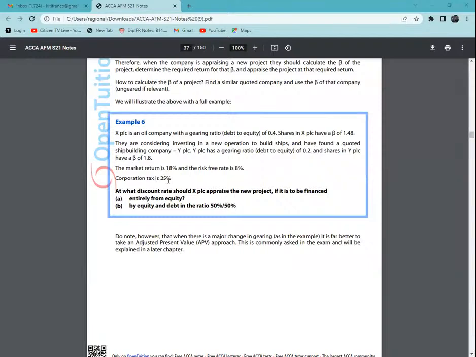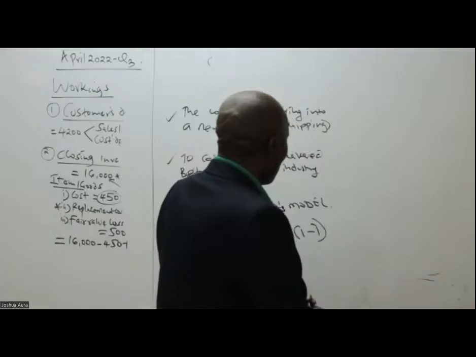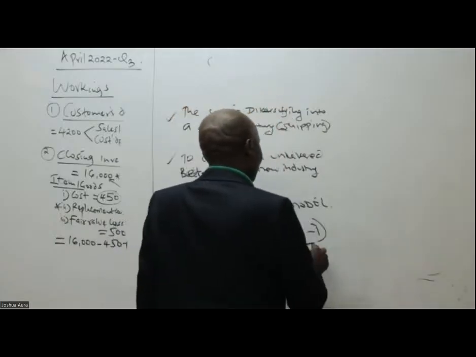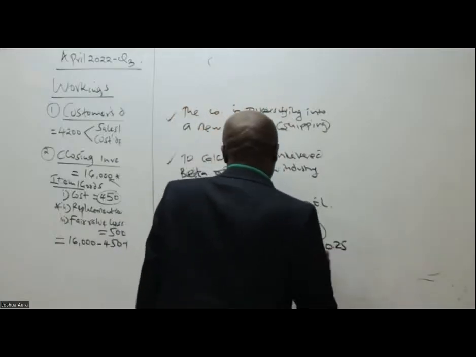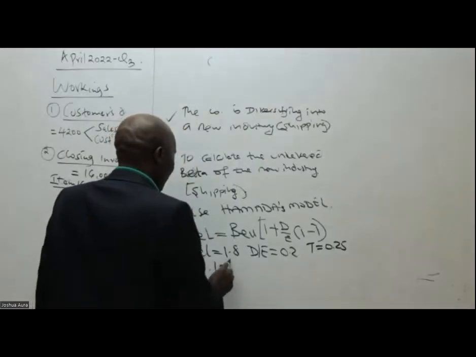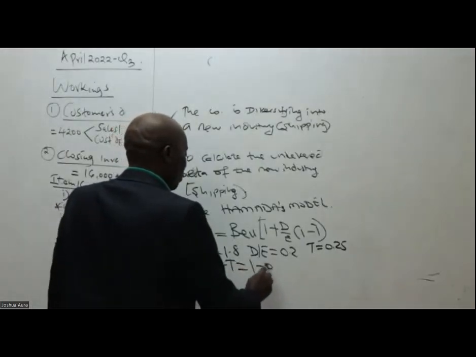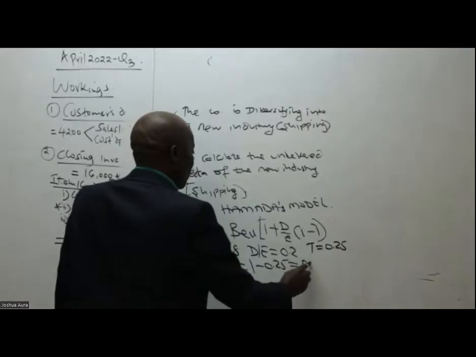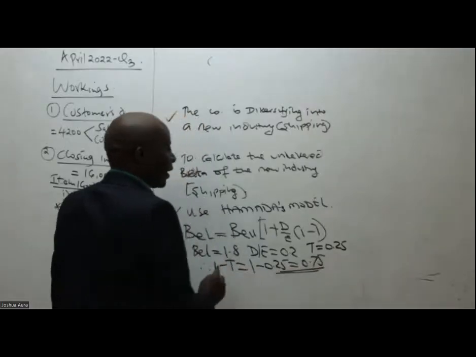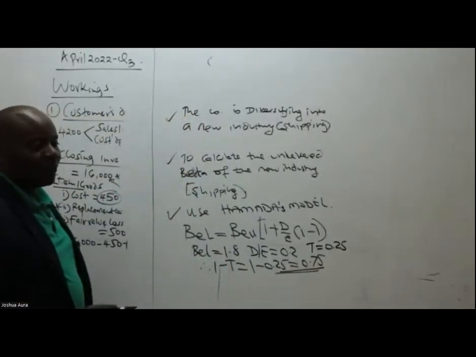And then the other thing they have done so nicely is to give me the risk-free, which is 0.2. The tax is 0.25. So 1 minus tax will be 1 minus 0.25, which is 0.75.